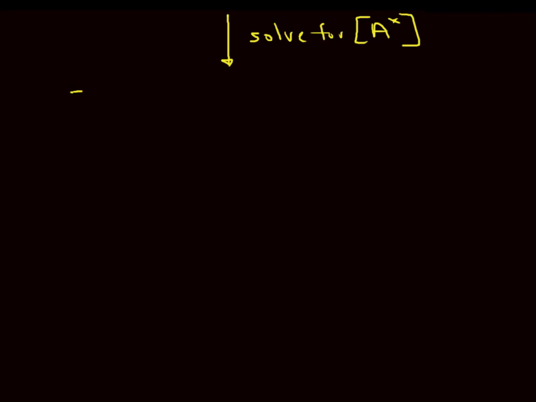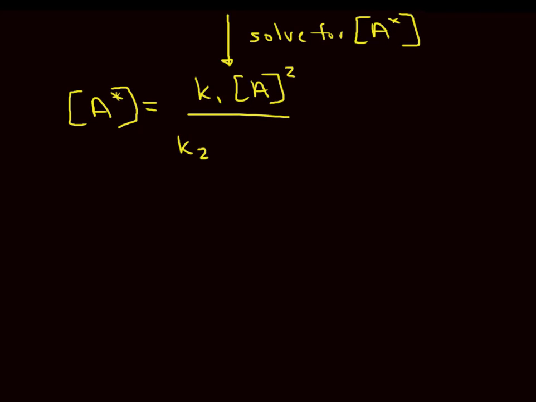And you should take paper and pen and go through the individual steps in order to yield the same representation as I have. And after you've rearranged and solved for A star, you should yield K sub 1, the concentration of A squared, over K sub 2 plus K sub 3 times the concentration of A.